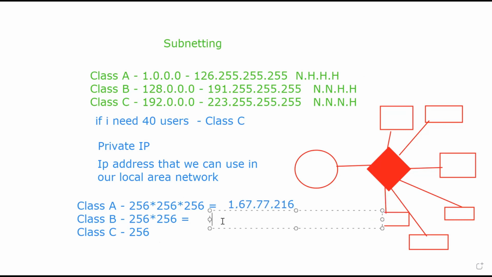Then 256 into 256 is 65,536. Right? Now we check what the population of the world is.